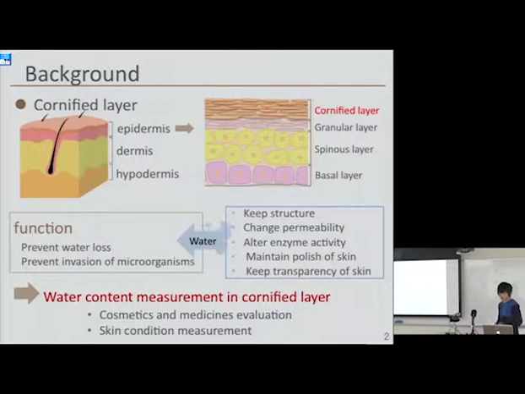And by measuring water content in the cornified layer, we can assess the skin condition, for example, atopic dermatitis or burned skin.